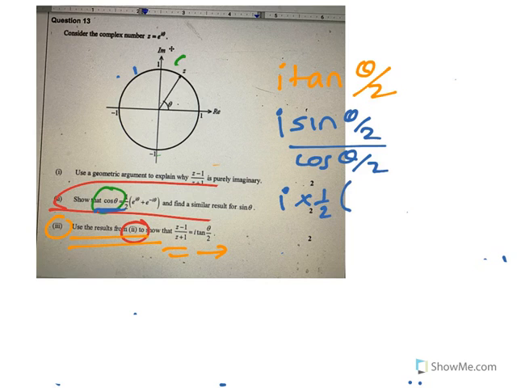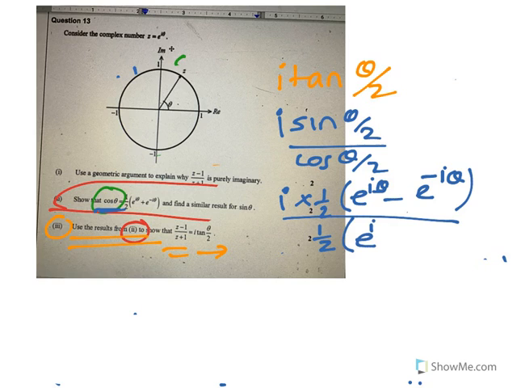So that's a half e to the i theta plus e to the minus, because that's this, I want minus because it's sine, minus e to the minus i theta. And then on the bottom, I want a half e to the i theta plus e to the minus i theta. Now, the halves will go out.